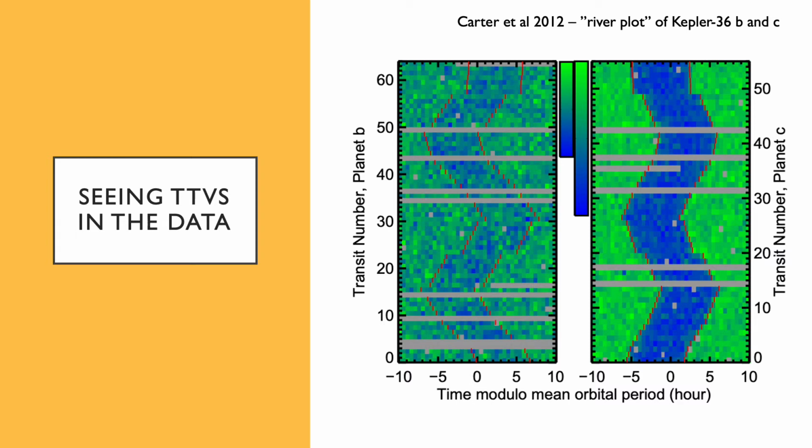This again is showing planet-planet interactions that are anti-correlated, because if you look at planet B on the left and planet C on the right, you'll see that the signals are perfectly anti-correlated. This anti-correlation is because the signal seen on each planet is due to the other planet in the opposite panel. So again, you can both constrain planet properties and you can confirm the planetary nature of these planet candidates using this kind of data.